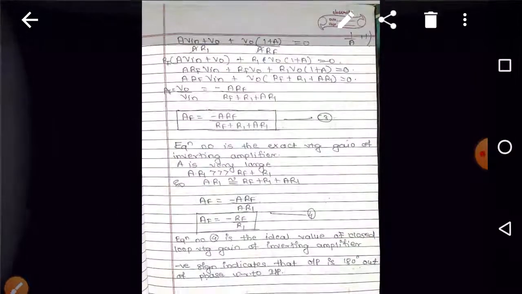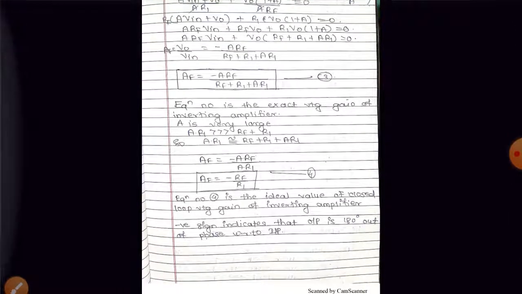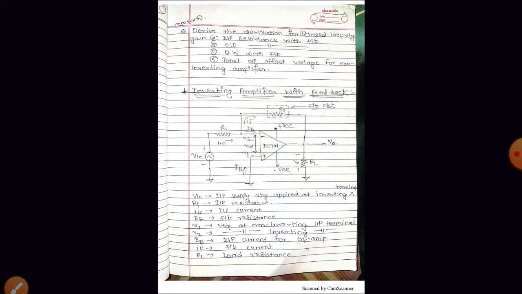See here, this concept is required in applications of the op-amp inverting amplifier with feedback. Go through the diagram and derivation. Again, this is required while solving problems. Thank you.